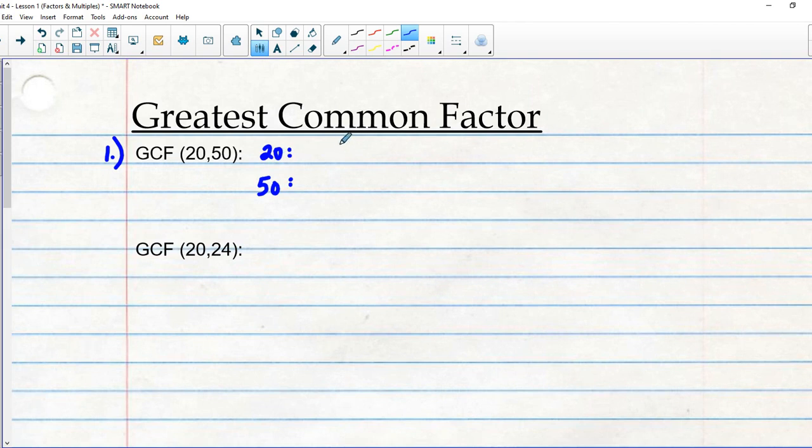So for 20, let's list out the factors of 20. All right, so 1 times what? Yep, 20, right? 2. Yep, times 10. 3. Nope. 4. 5, right? And then is that it? 6, no. 7, no. 8, no. 9, no. 10, no. So this is the list, right?